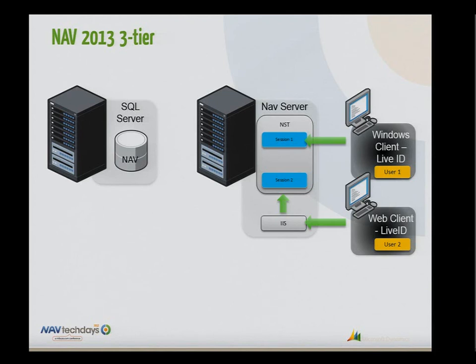We still have the RTC, which we now call the Windows client, because all clients are role-tailored. We're striving that you get the same type of experience no matter what client you use. But we also now have a web client and a SharePoint client. And in this example, the web client will then go through the IIS to the NST.